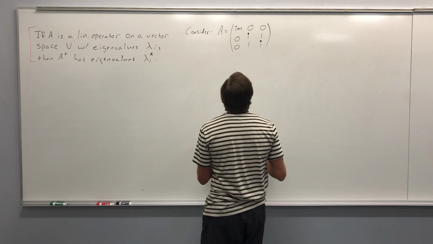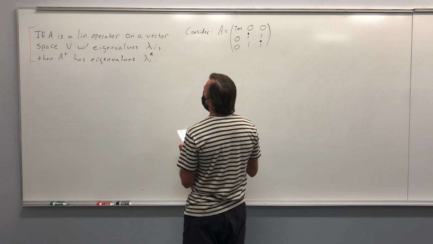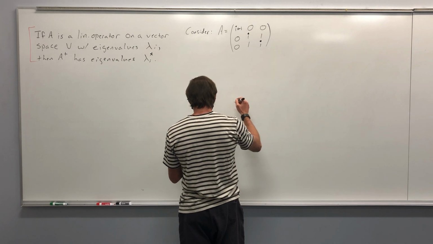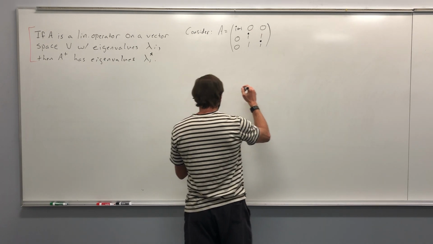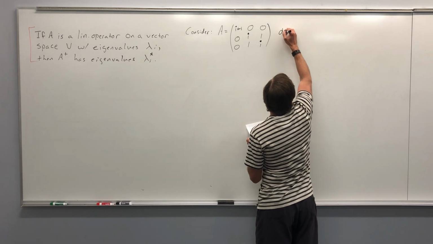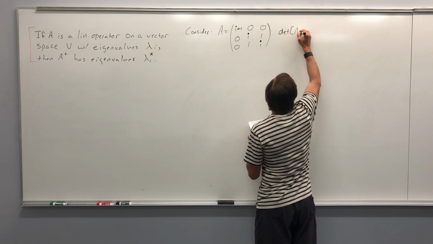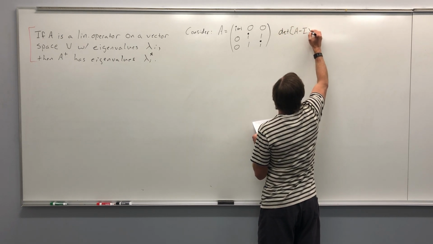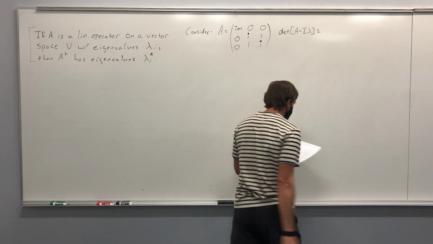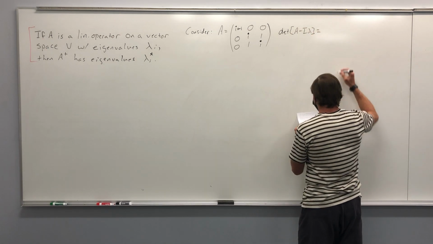Now let's bang this out. Okay, so we've got the determinant. And I did this in gory detail in the notes, but I'm going to write briefer versions of things.